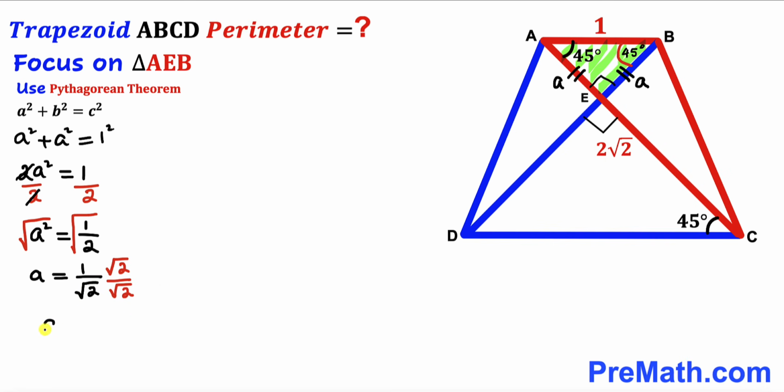So our lowercase a value simply turns out to be square root of 2 divided by 2 units. So this segment AE length is square root of 2 divided by 2, and likewise this segment BE length is square root of 2 divided by 2 as well.